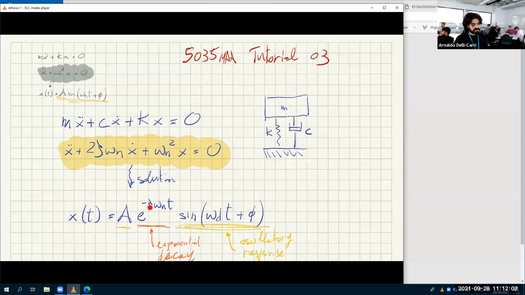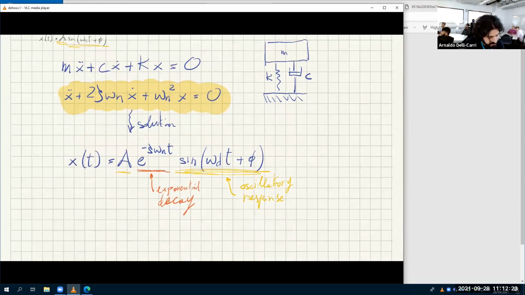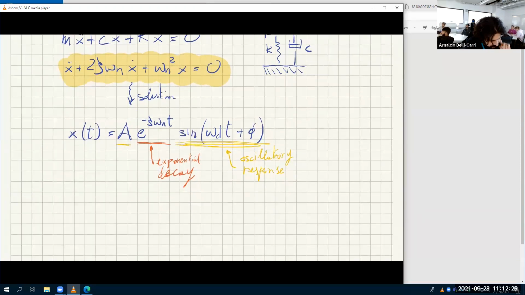Now you see, this zeta comes from the fact that if you have to write this c over m, it becomes a mess. This becomes much easier to write down. And also zeta has another meaning. It's a very powerful thing, because zeta is defined as the damping ratio.